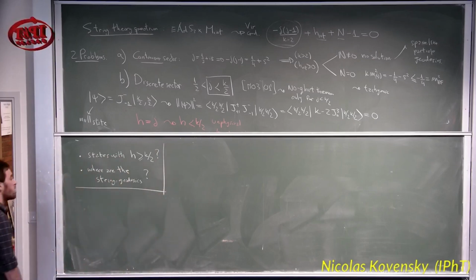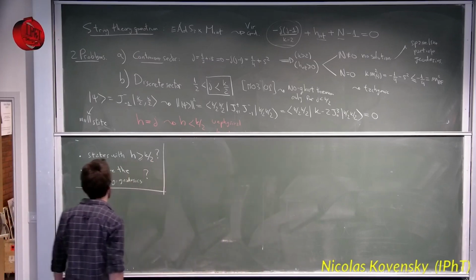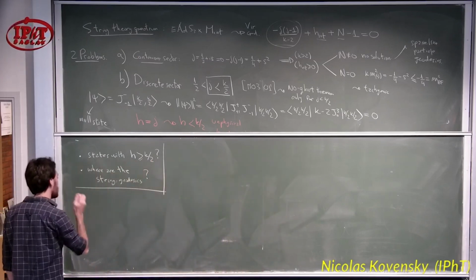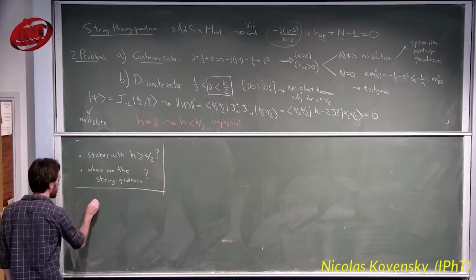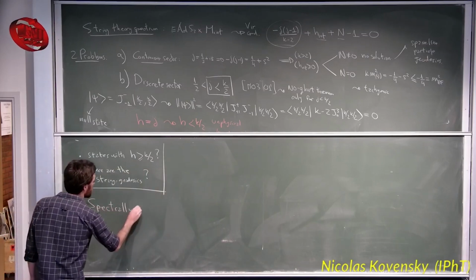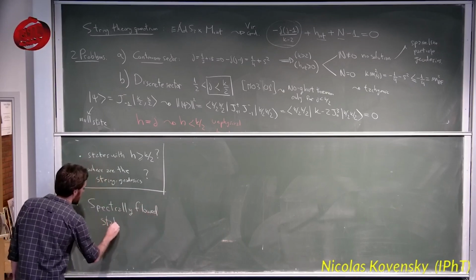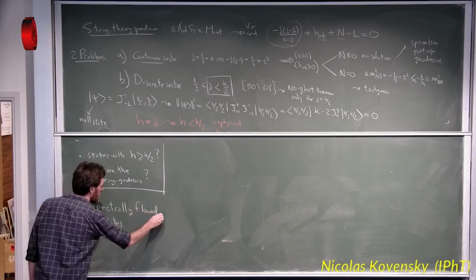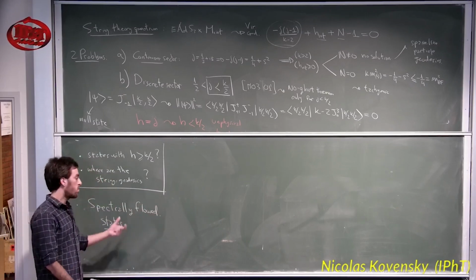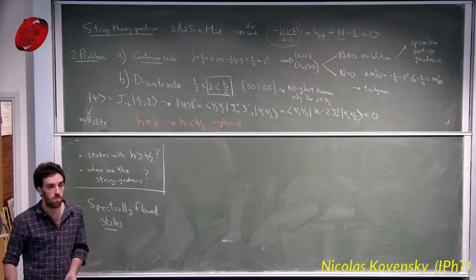And the answer to that, and this was a puzzle for some time at the beginning of the story, is that, as in the classical case, you need the spectrally flowed states, which are nothing that you would usually consider in the original H3 model. Right?